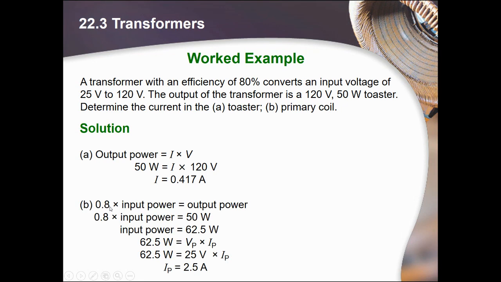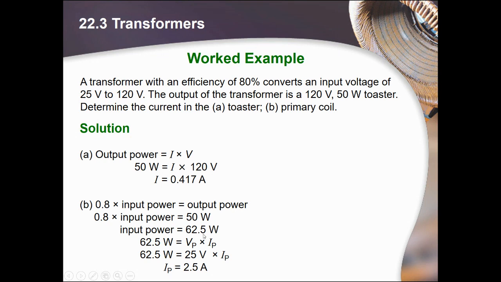Because it's 80% efficient, 0.8 times the input power equals the output power. The output power coming out to the toaster is 50 watts. So the input power is actually 62.5 watts.